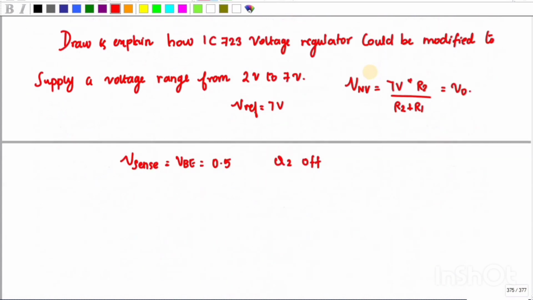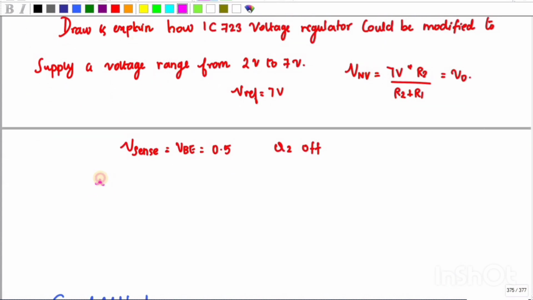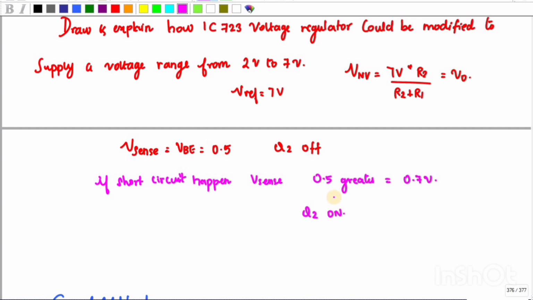So if short circuit happens, the V sense value must be greater than 0.5 volt. So if it is greater than 0.5, suppose I assume the voltage is 0.7 volt, which will make my Q2 turn on, right?